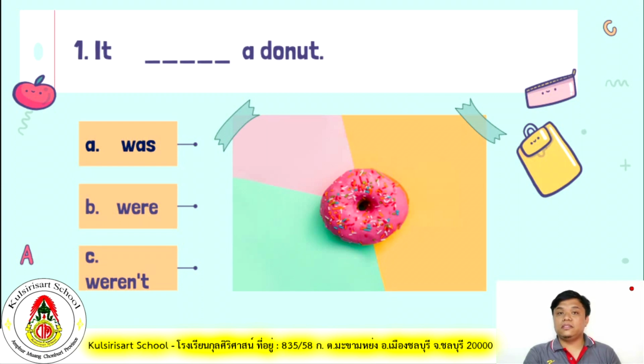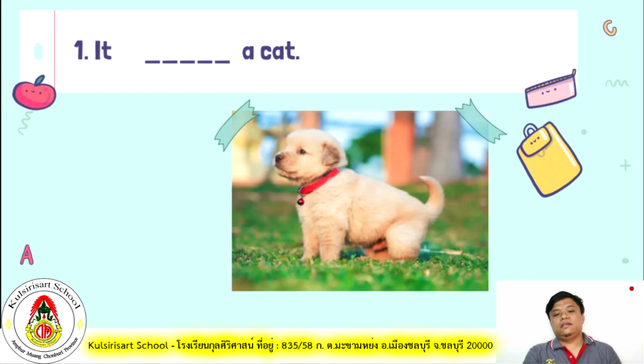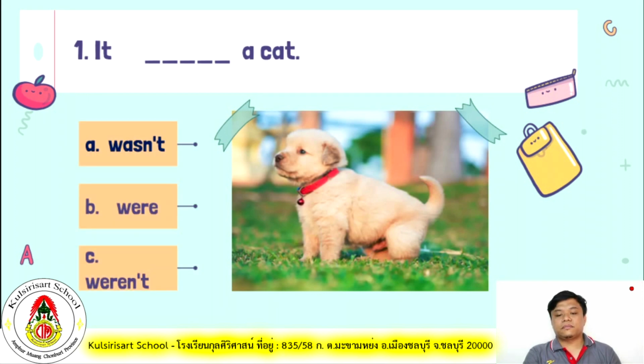Is it a donut? Yes, the one we ate yesterday. Was it a donut? Yes. Correct. Yes, it was a donut. Okay?